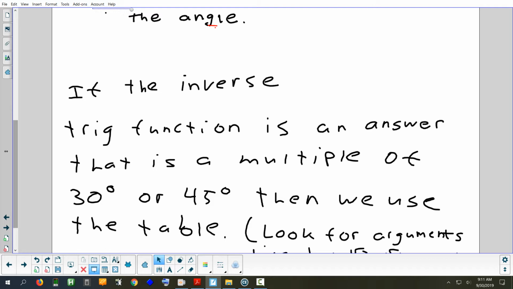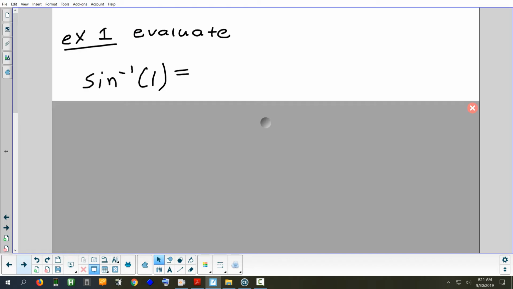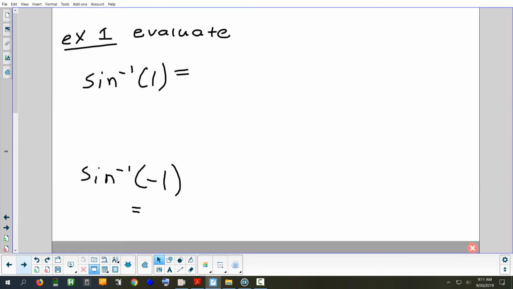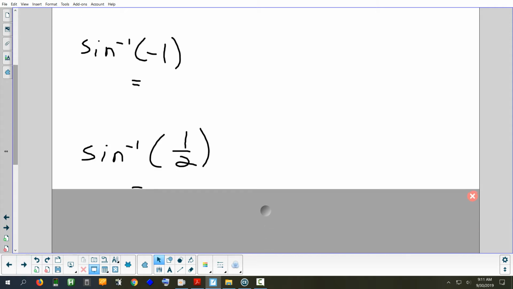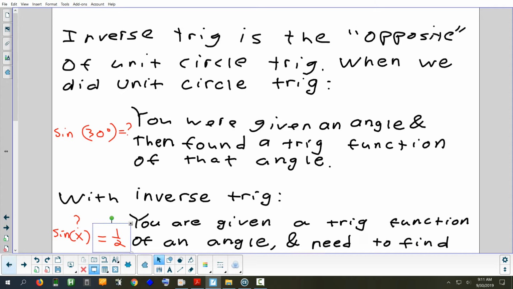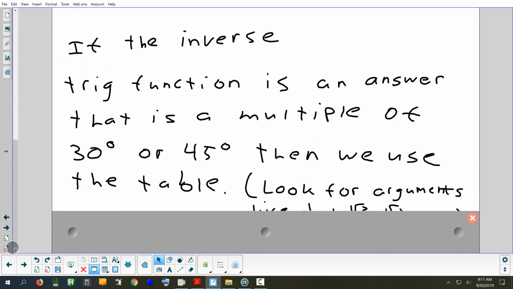So I'm going to come right back to this, but you're going to have a problem like that. Find the inverse sine of 1, inverse sine of -1, inverse sine of a half. So how do you know when you should use this table? Well, it says that the answer to your problem is a multiple of 30 or 45. If you think about that, well, wait, how do I know the answer to my problem before I solve it? Well, you don't. You don't know if your answer is going to come out to a multiple of 30 or 45 directly.